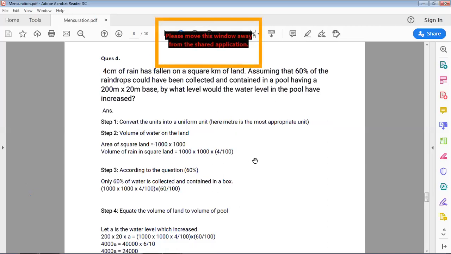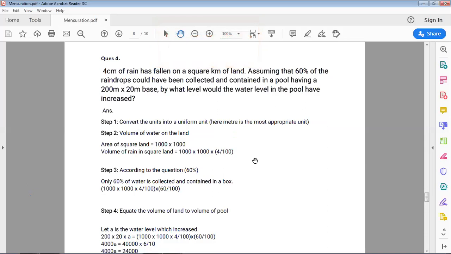So we can calculate the volume of water on the land by calculating the area of the land, that is 1000 into 1000, and then the volume. We have the rain in centimeters, so we convert it into meters, therefore 4 upon 100. This was the second step.